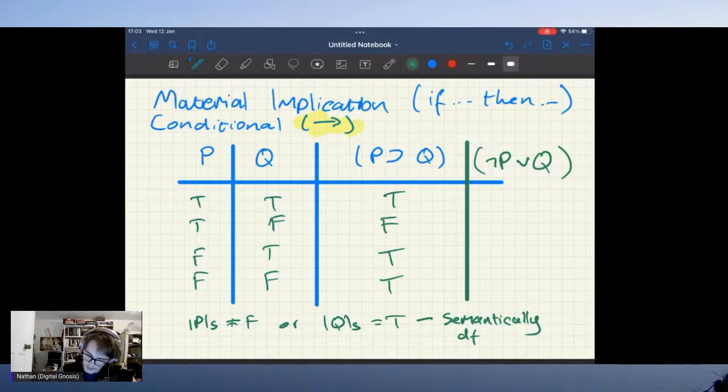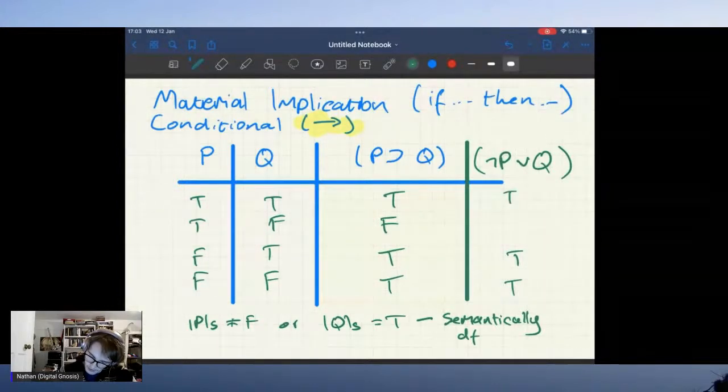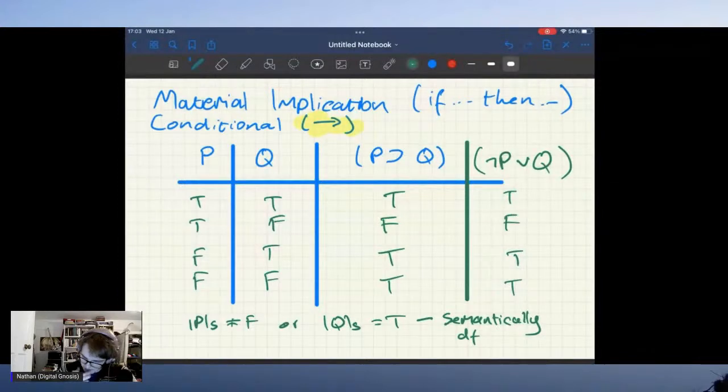So both P's are false here, but both P's are true here. So that's going to be true, true. And then Q, well, Q is true here, so it's going to be true, true, and it's false here, so that one comes out false.